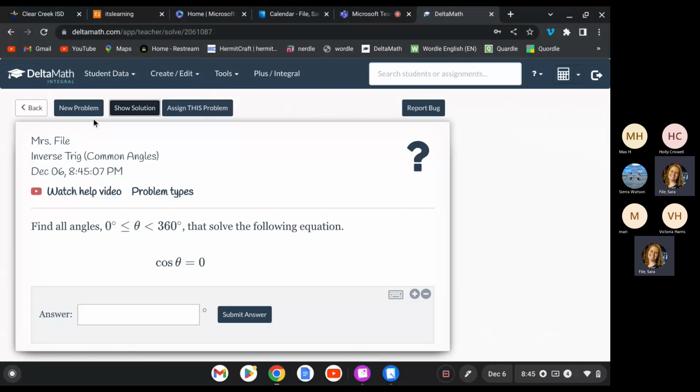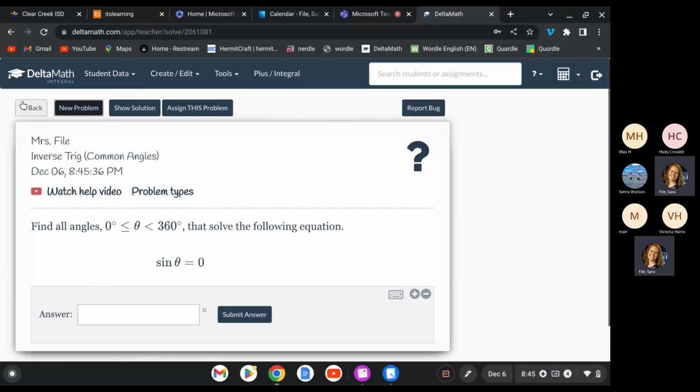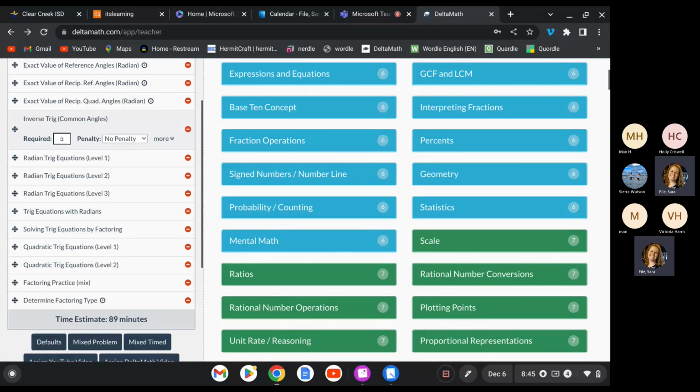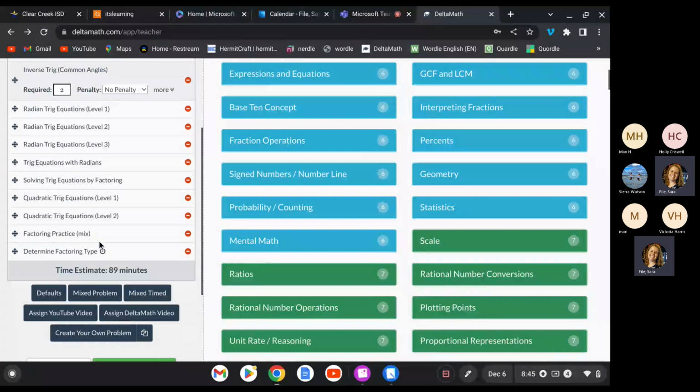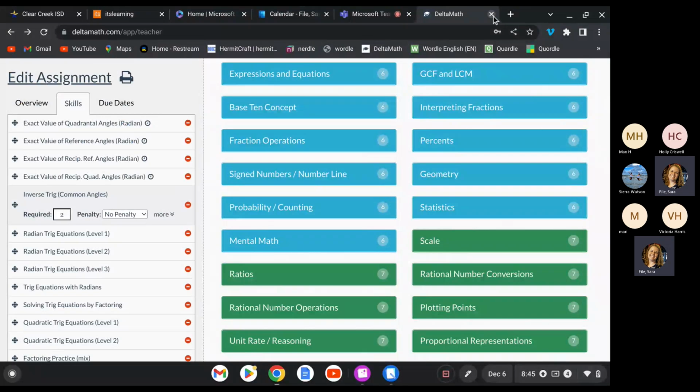Let me see if there's anything more complicated. This section is all super basic. These are exact values, trig equations. Okay, so I guess the Delta Math didn't have much of the inverse practice.